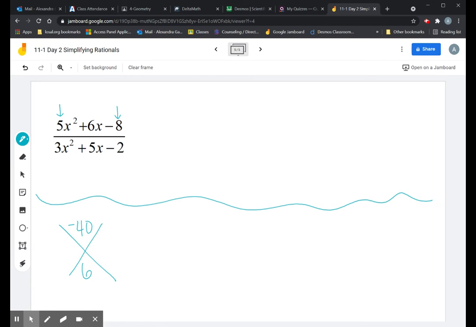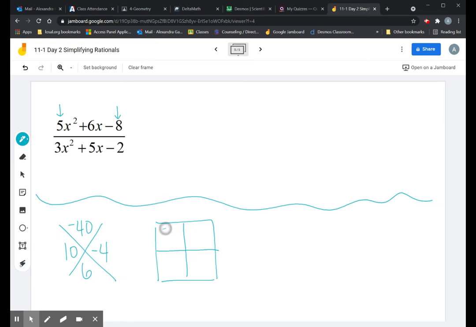And then I can go to the box. So it looks like it's going to be 10 and 4. And since 6 is positive, 10 is going to be positive.